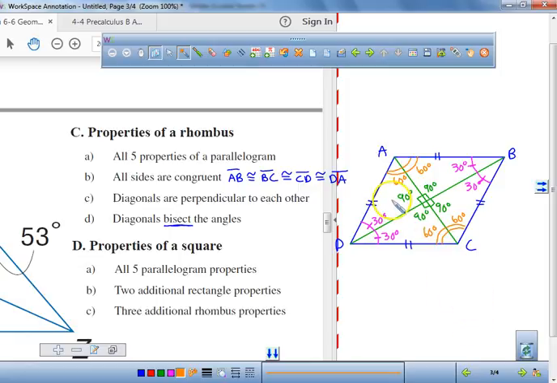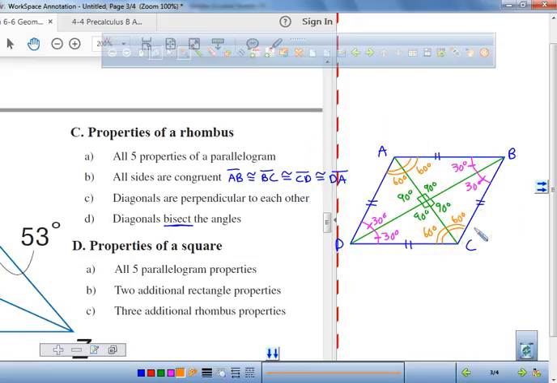So understand, in a rhombus, this triangle is exactly equal to this triangle, which matches this triangle, which matches it. So how many congruent triangles do you have inside of every single rhombus? Four. You have 4 perfectly equal, not equilateral triangles, but 4 perfectly equal triangles. All of these add up to 180 degrees, and this segment is equal to this segment. So make sure you have that picture.